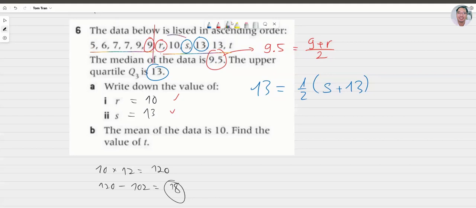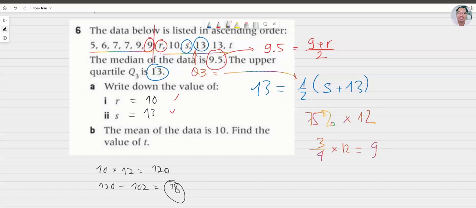The middle: 3 values on the left, 3 values on the right, and therefore the upper quartile must be between S and the 13 value. Q3 is the sum of the two values divided by 2. There's another way to determine the position of the upper quartile, which is 75% of the total number of 12 values. 75% is 3 over 4 multiplied by 12, we get 9, the value number 9. 1, 2, 3, 4, 5, 6, 7, 8, 9.